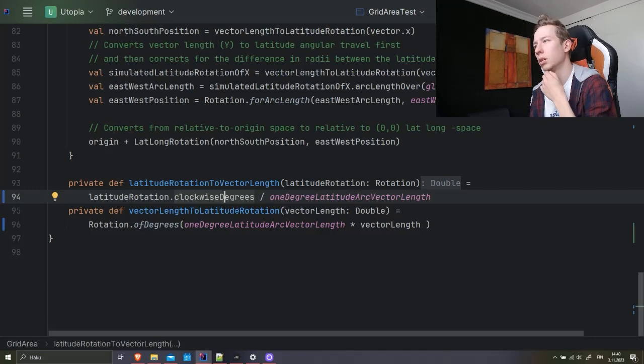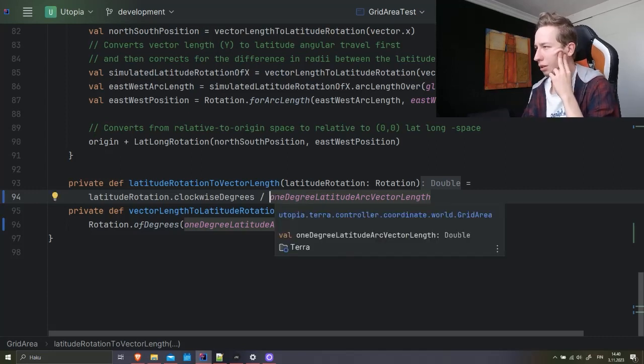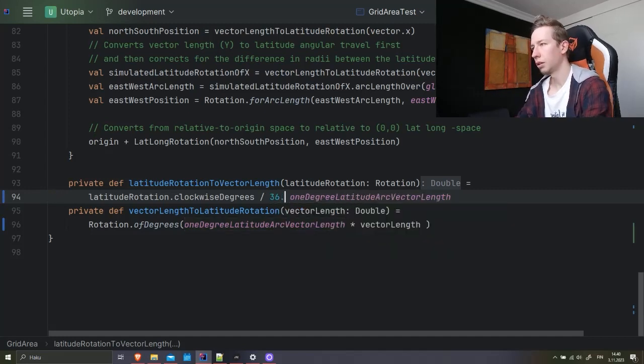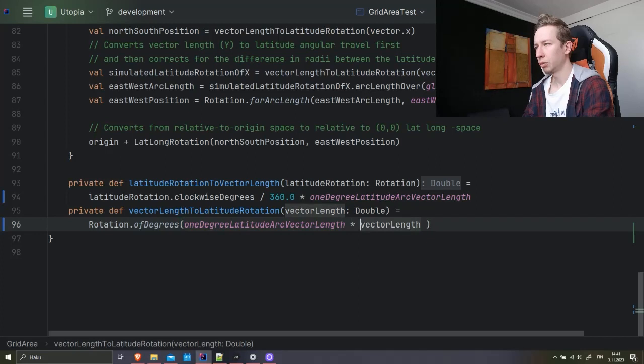So we have clockwise decrease divided by, shouldn't this be divided by 360 times that? Yeah, we should be. I think. Should look something like this. So here we should be doing the opposite.